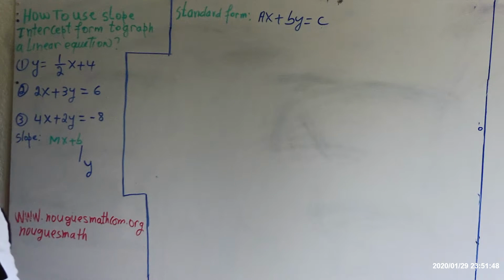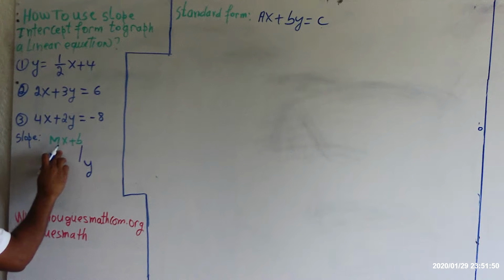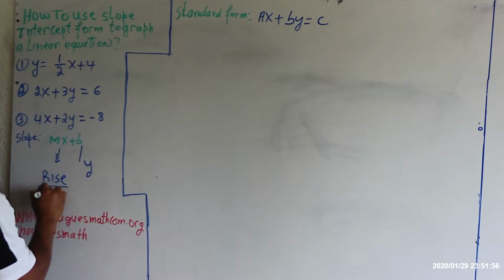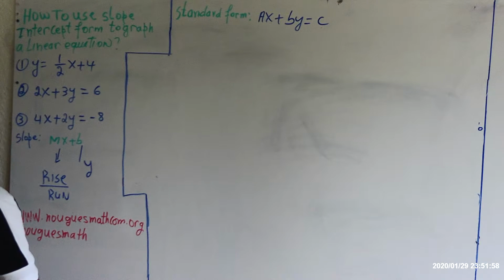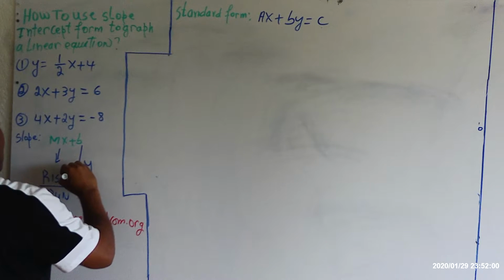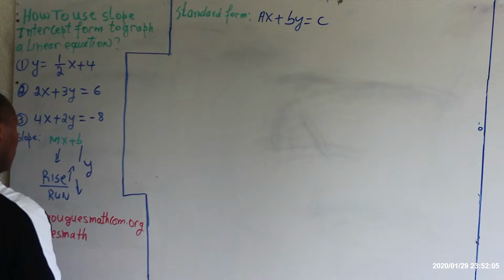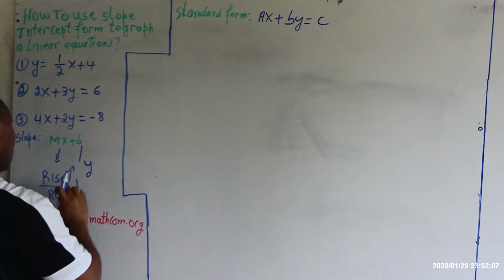For mx, think of it as rise over run, y's over 1. The rise can be up or down.